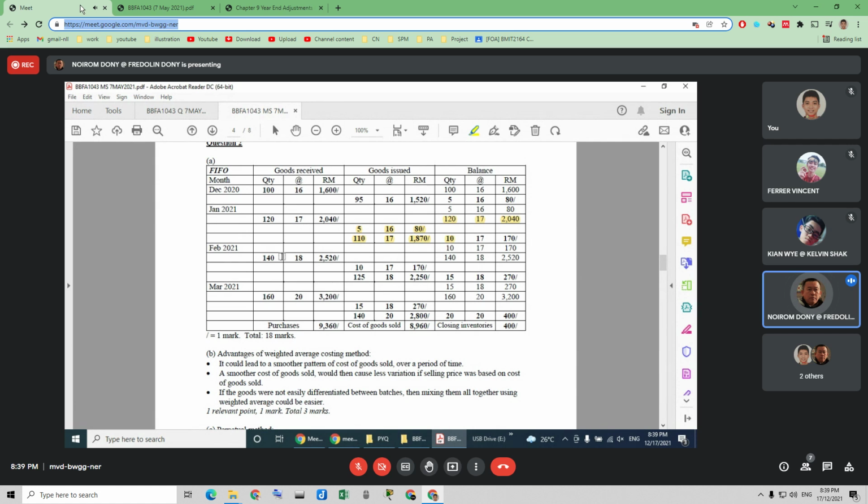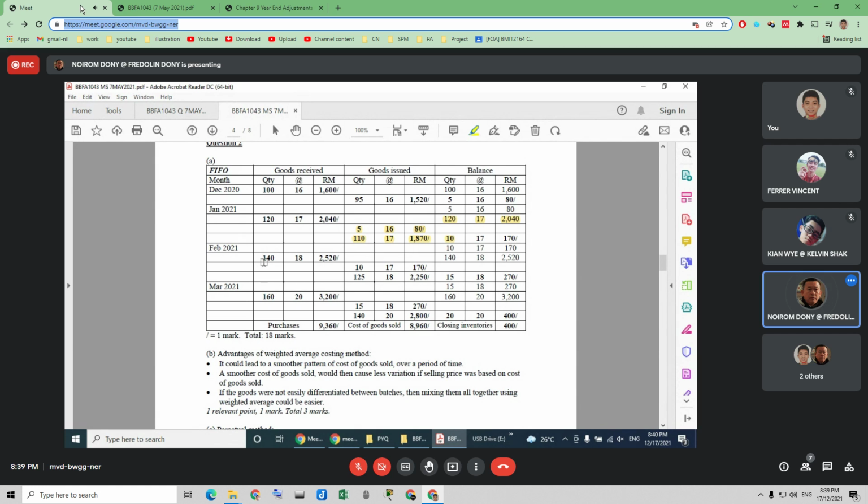Because the next following month, this closing becomes an opening for February. So rewrite 10, 17, 170. Then since the first row is occupied, when you record the receive, you start on the second row.